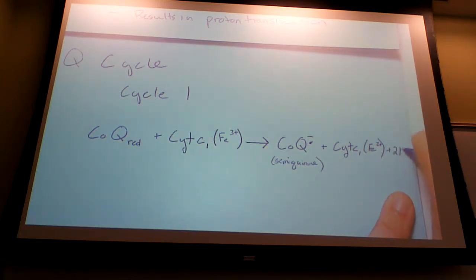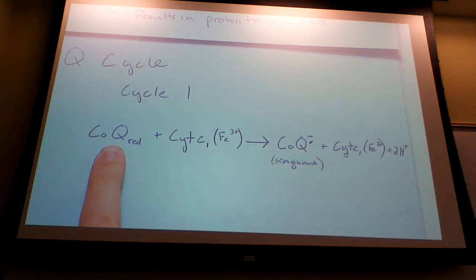Plus 2 protons, and if the balancing thing bugs you, the protons were on the reduced coenzyme Q, actually. So these are released into the intramembrane space.